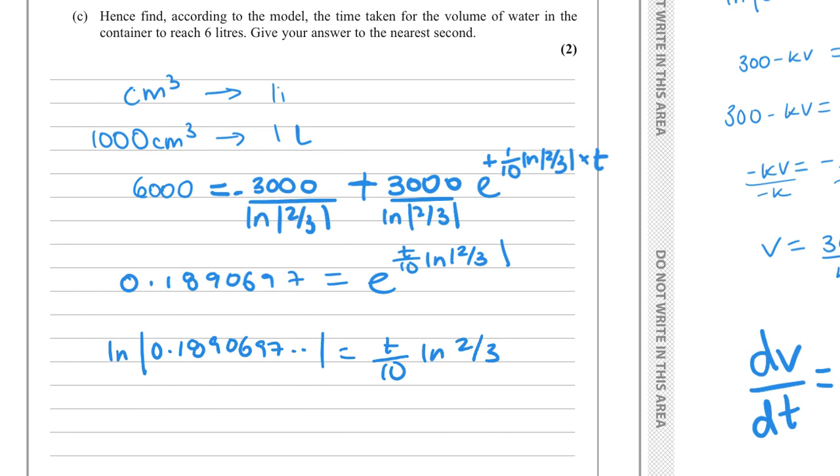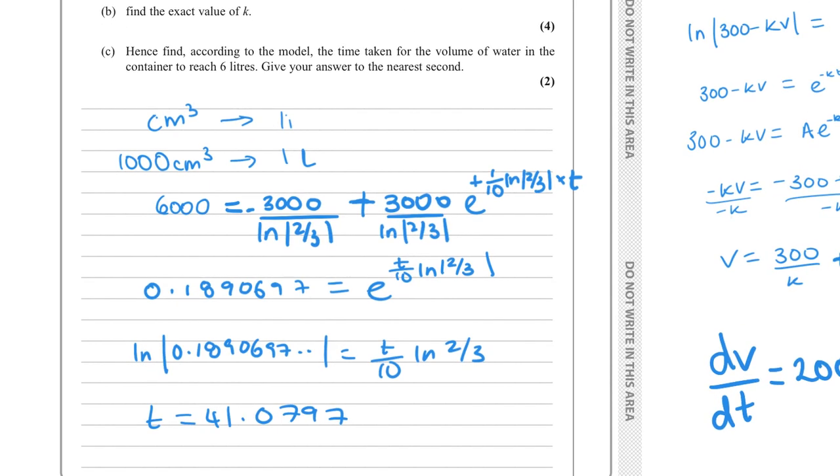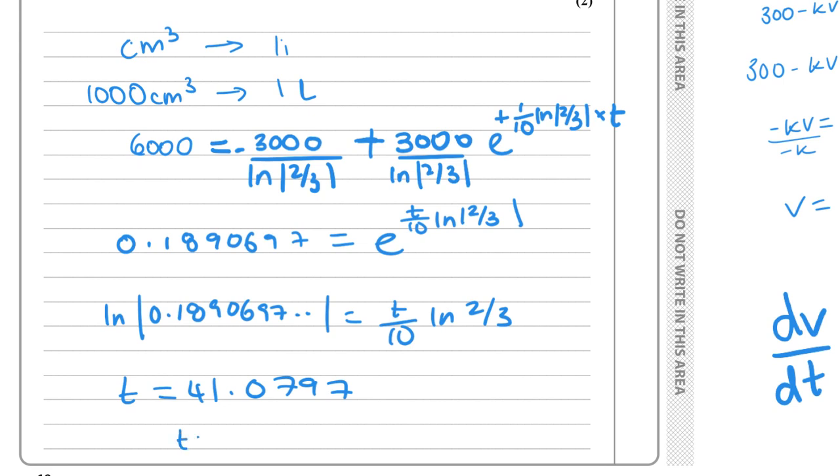So ln of answer times 10, divide by ln 2 over 3. I now get t equals 41.0797. To the nearest second, t equals 41 seconds.